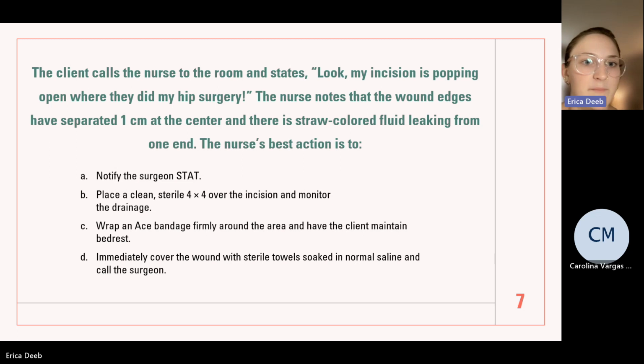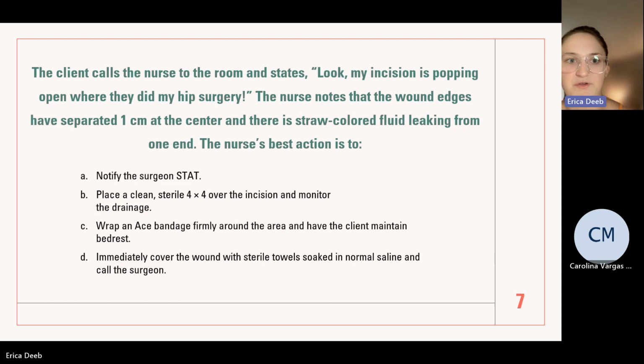But for this one, because it's only 1 centimeter, this one is a little tricky. You would just place the sterile 4x4. But if it did dehisce, then you would cover the wound with those sterile towels and call the surgeon. A big one with this is, if this comes up, what are you going to do? We never call the doctor first, because who knows where the doctor is and what they are doing? They're not at the bedside.